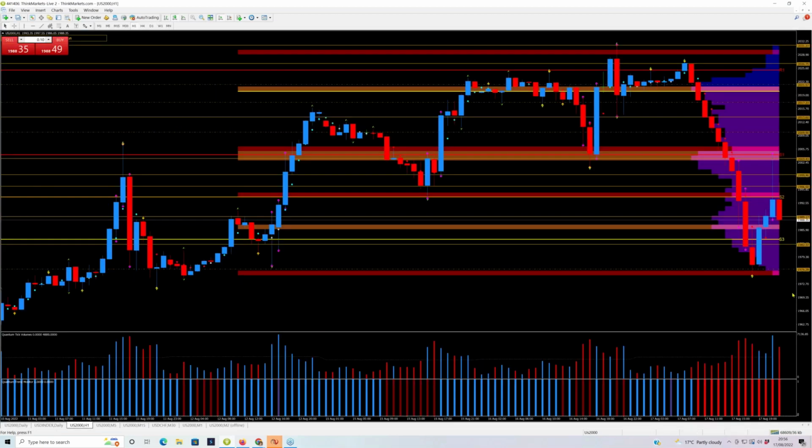But just to give you an example of the VPA, this obviously runs 24 hours. You're always going to get more volume when we have more liquidity, which is obviously London, Europe, and the US.